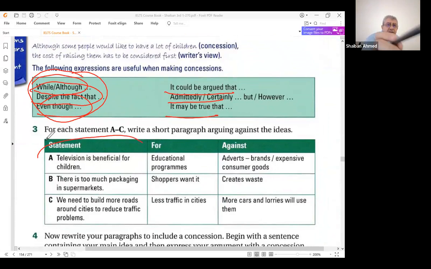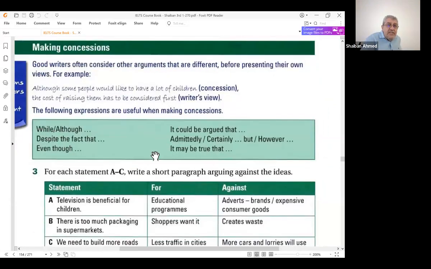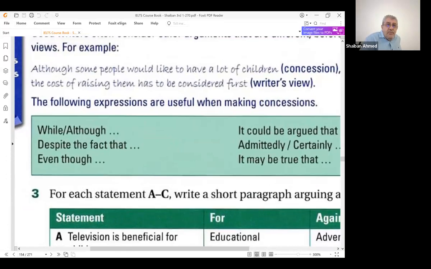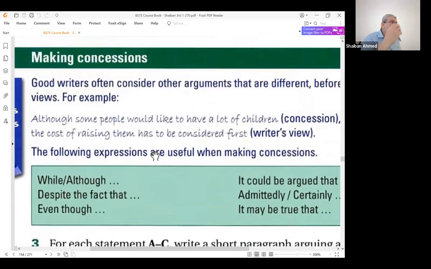So for example, we took an example here. If you still remember it, I want you to copy paste this example in your minds as a reference when you want to make a concessional statement. Here, although some people would like to have a lot of children, that means this is the other view.